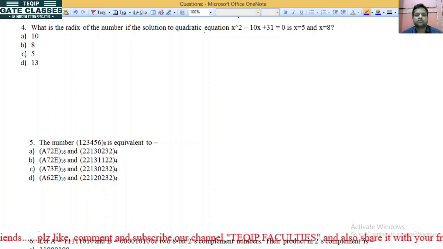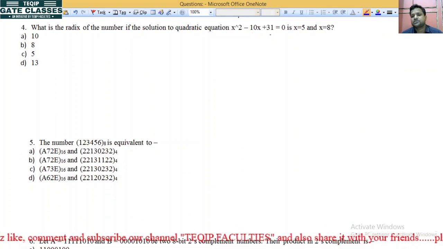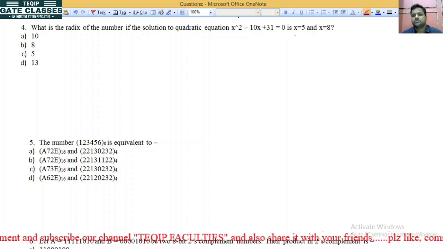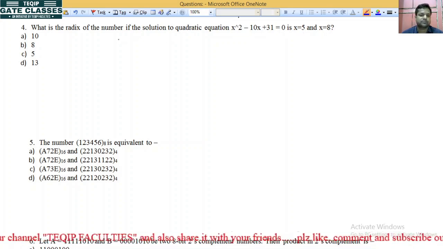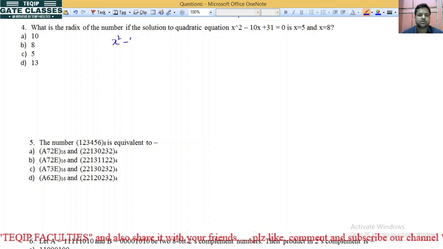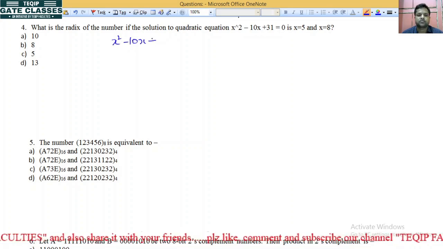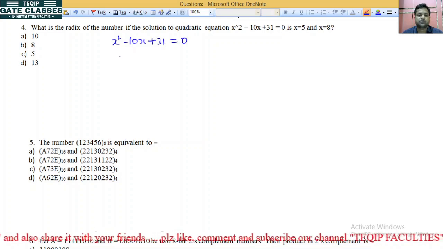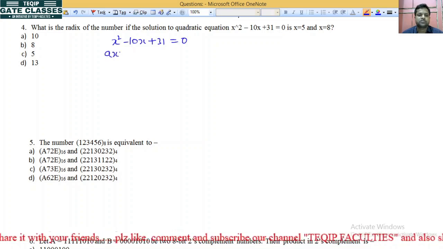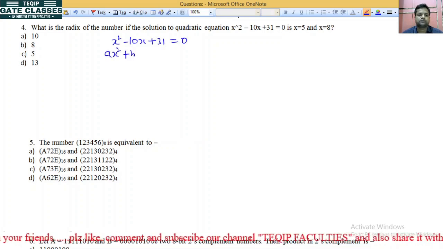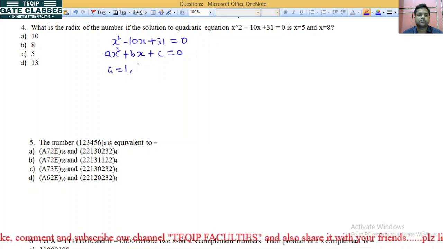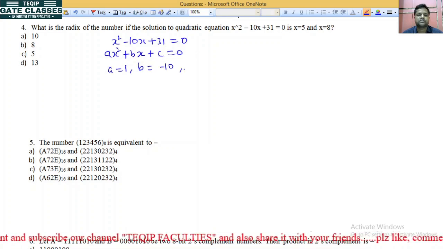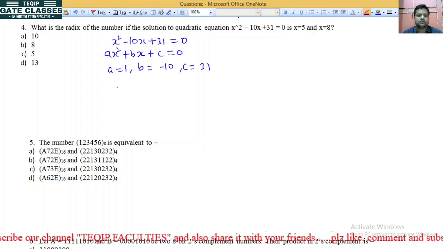Now, what is the radix of the number system if the solution of the quadratic equation x square minus 10x plus 31 equal to 0 is x equal to 5 and 8? Already I have solved this. Compare x square minus 10x plus 31 equal to 0 with the general quadratic equation. The value of a is 1, b is minus 10, c is 31.